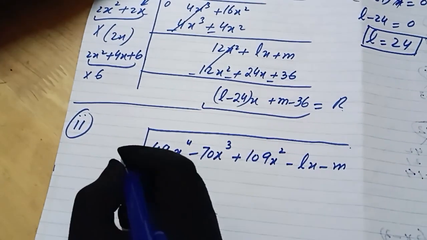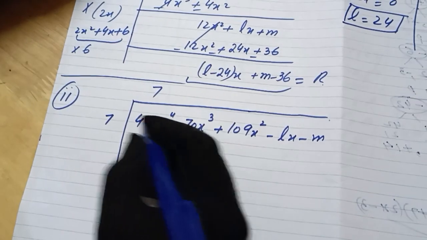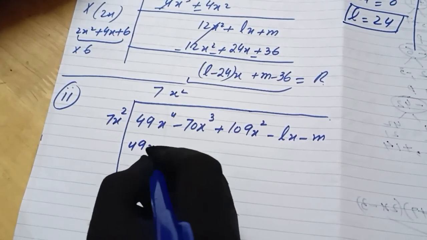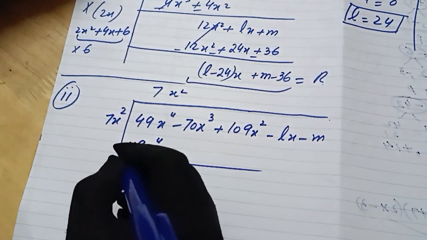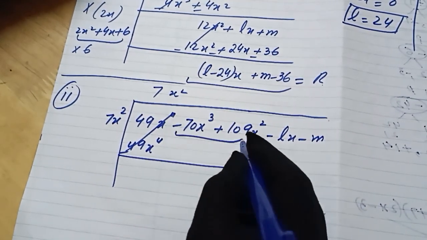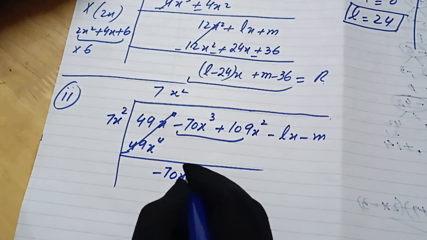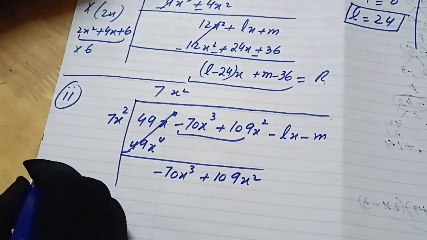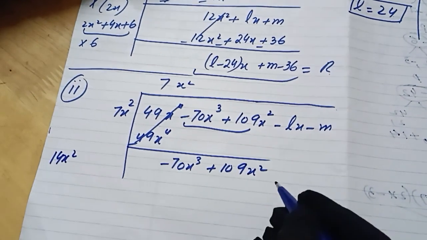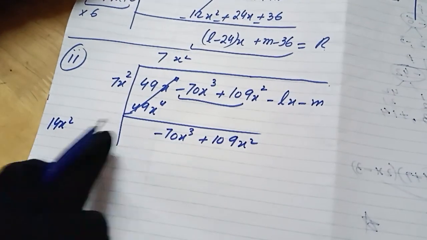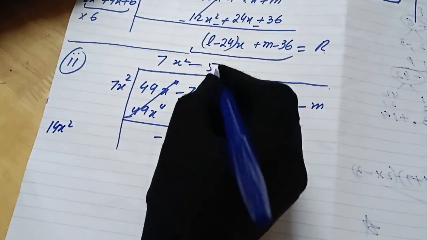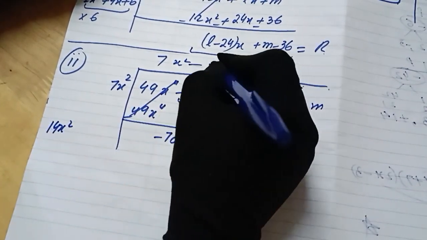Okay, 49, so 7 7s are 49. x4 factorize as x square. Now multiply them to get this. Okay, subtract, cancel, bring the pair down, minus 70x cube plus 109x square. Add them, 7 plus 7, 14x square. Okay, divide this by this. When you divide it, minus 14 5s are 70. X cube divided by x square, x obtained.